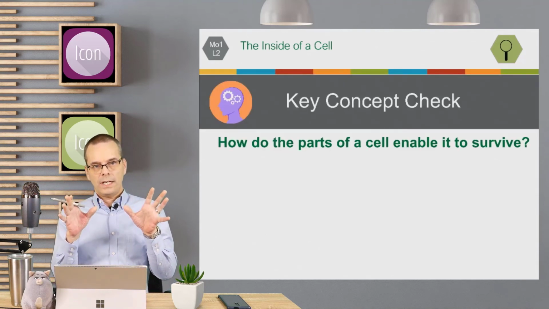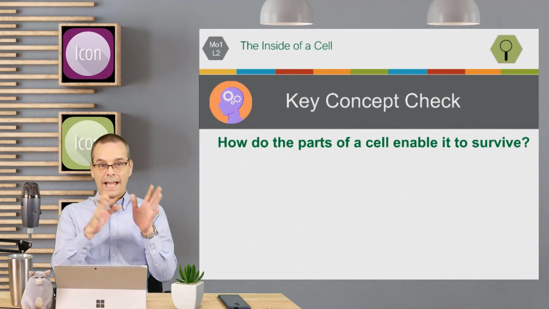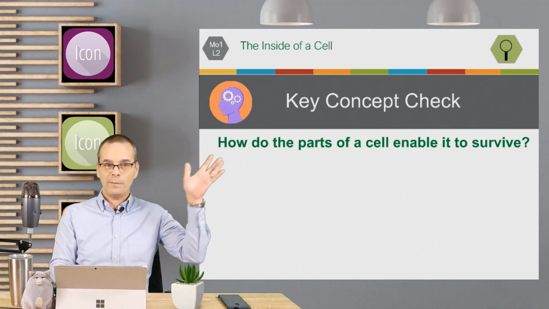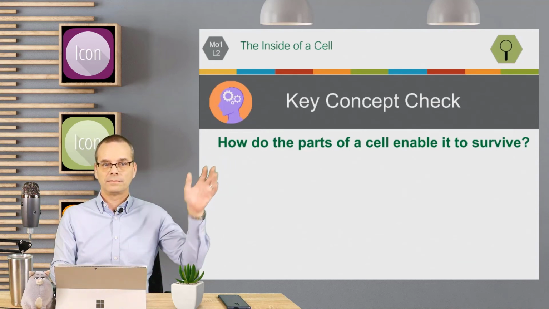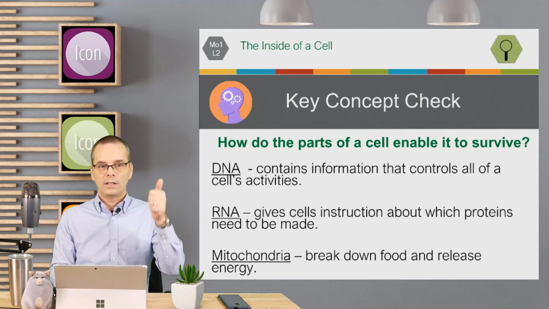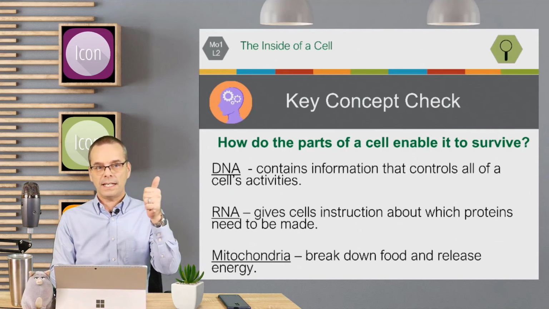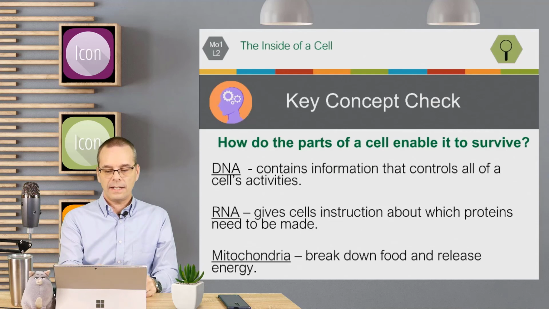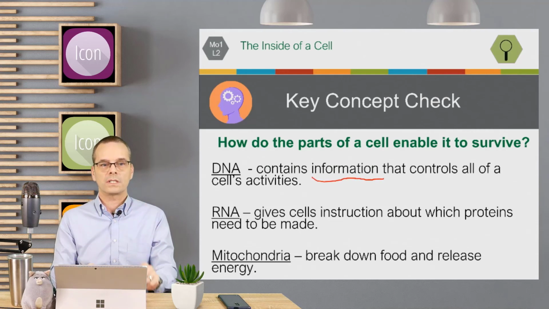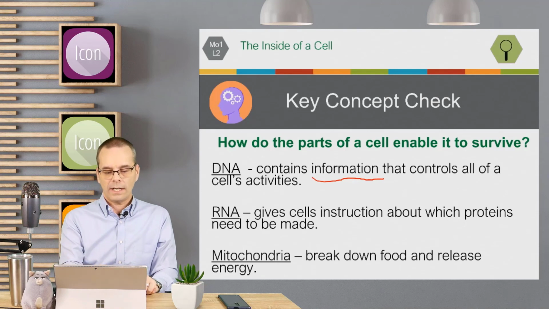So your other key concept question is, how do parts of a cell enable it to survive? There are three things. The DNA contains the information that controls the cell.